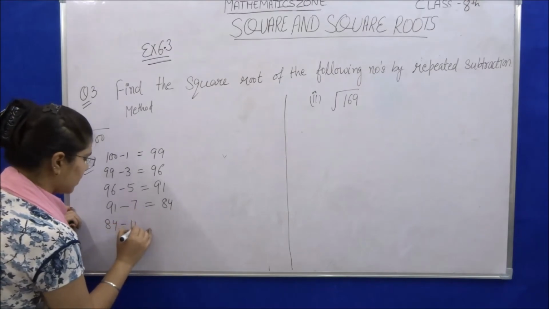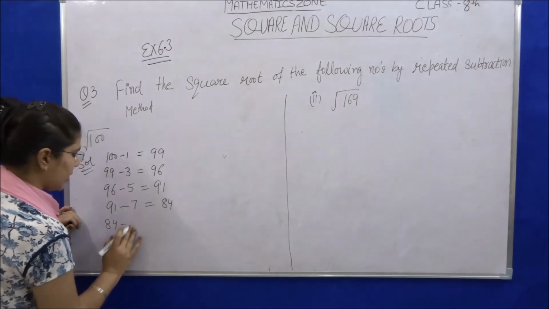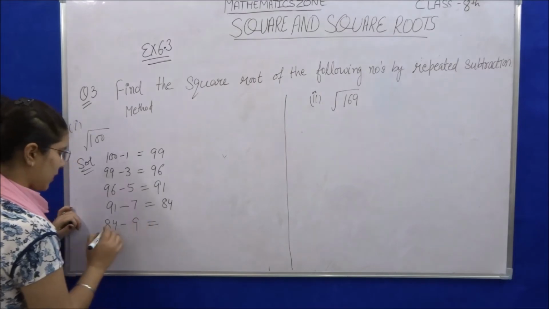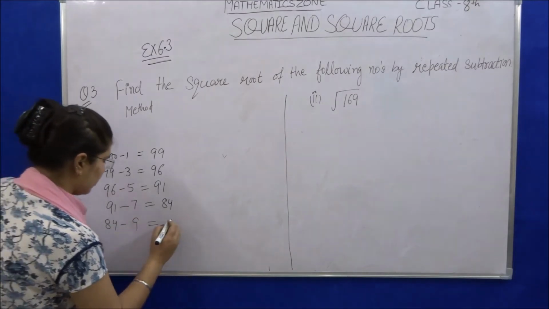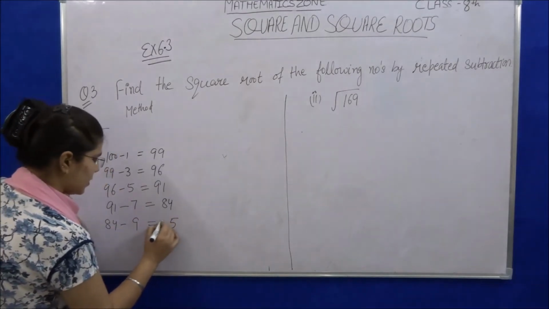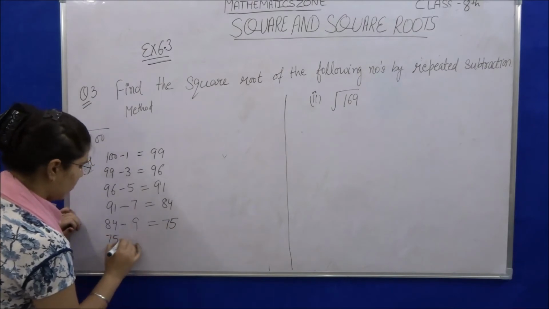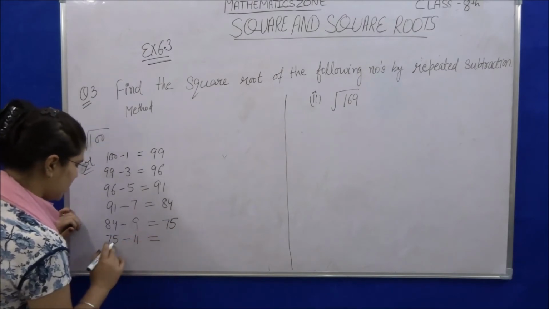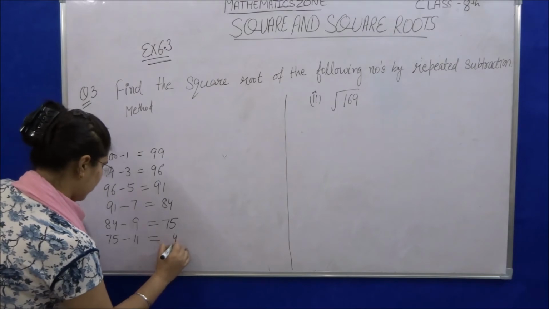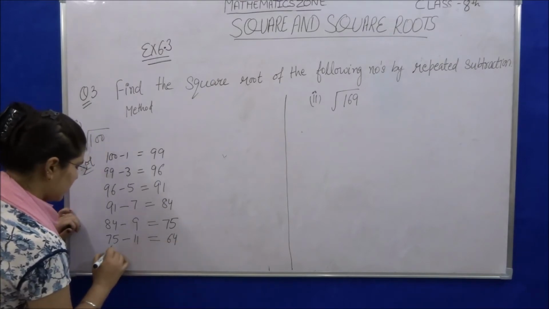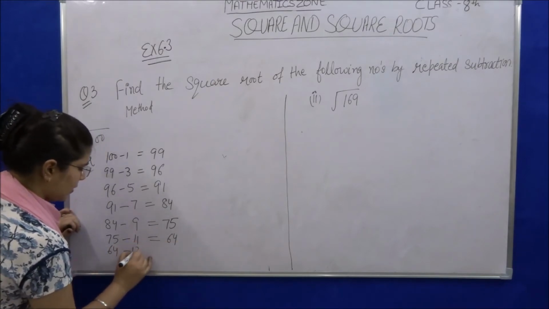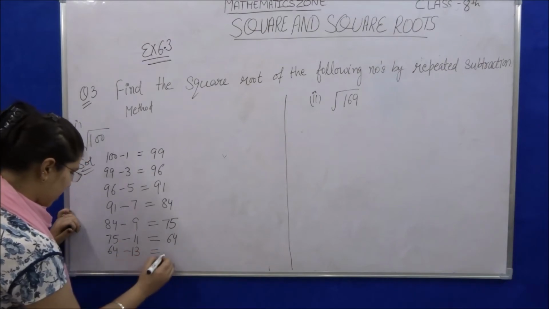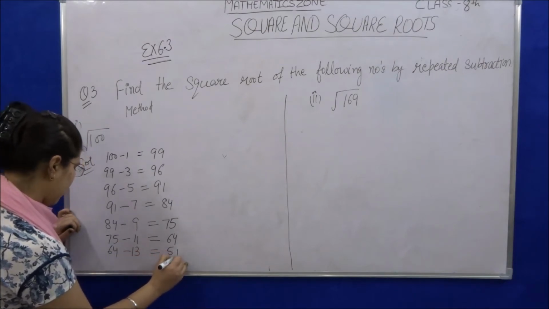84 minus 9 will be 75. 75 minus 11 that will be 64. 64 minus 13 will be 51.